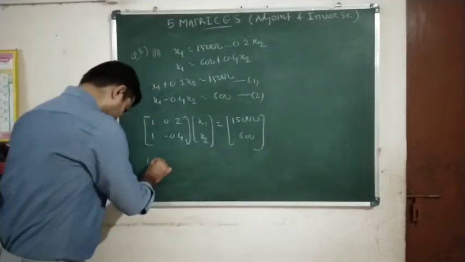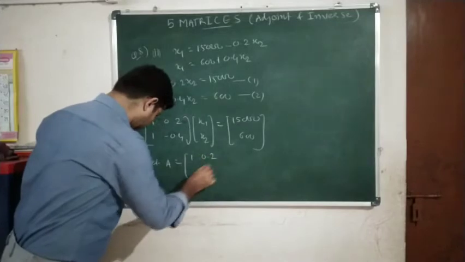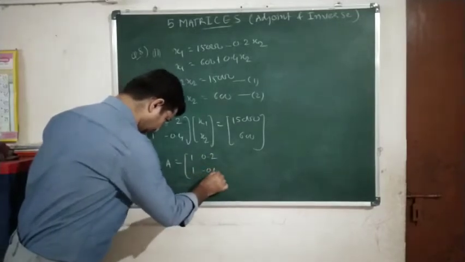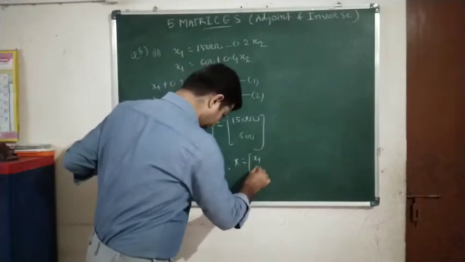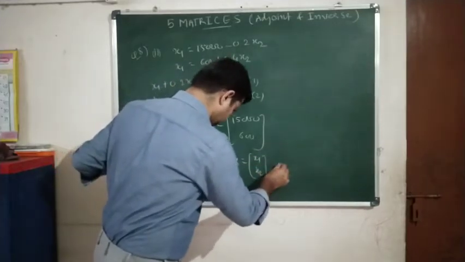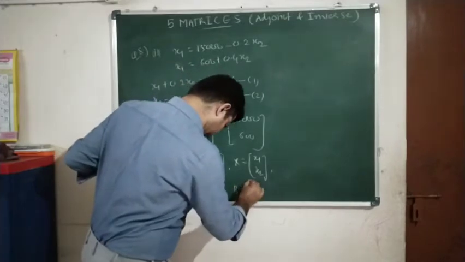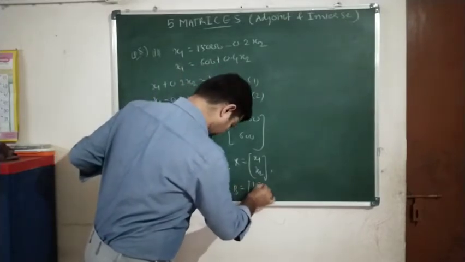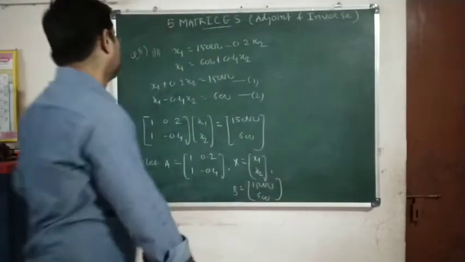Okay, first matrix we will take to be A, 1 0.2, 1 minus 0.4. X will be the matrix x1 x2 and B will be the matrix 15,600.